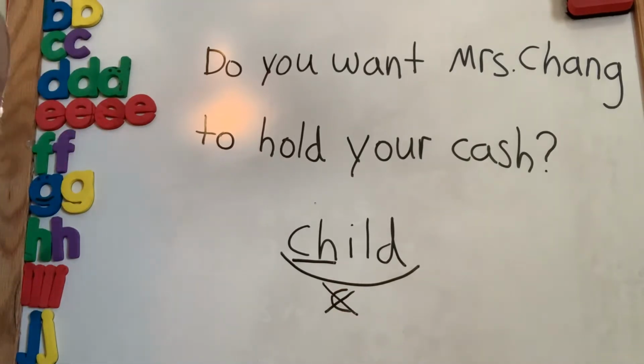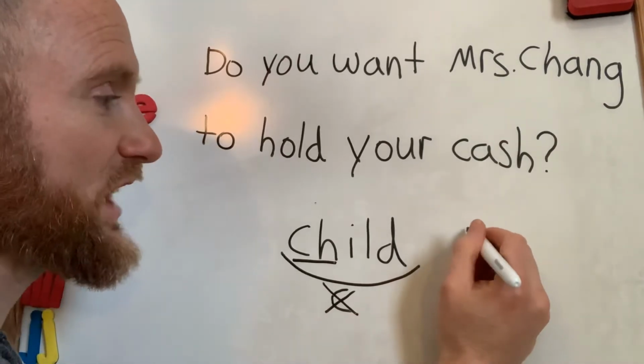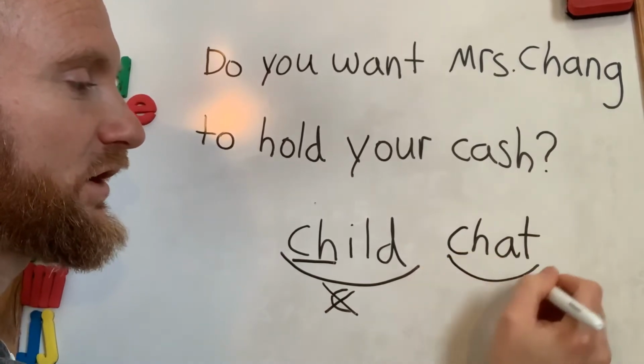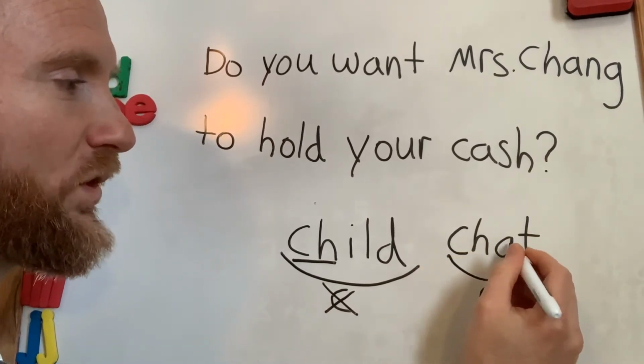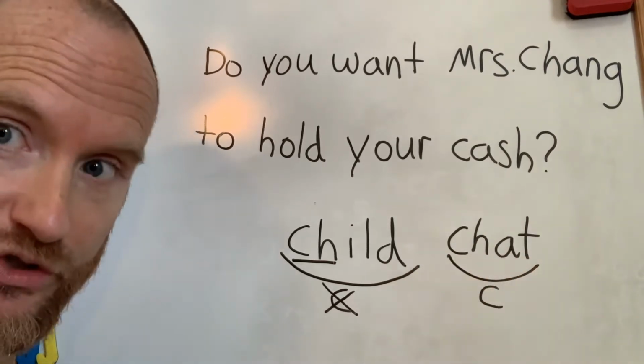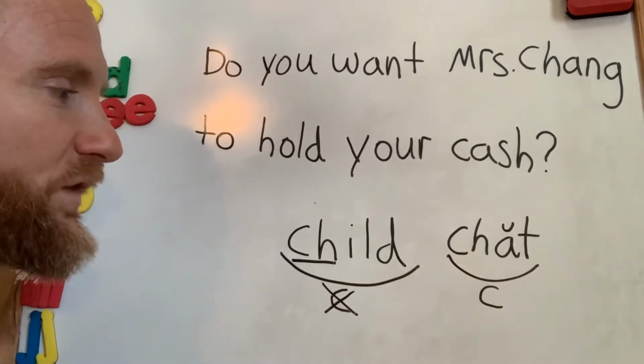Now you remember with closed syllables, such as the word chat, ch, at. If it's a closed syllable, that vowel can't escape. That's why it's closed. So usually a closed syllable is going to have a short vowel sound.